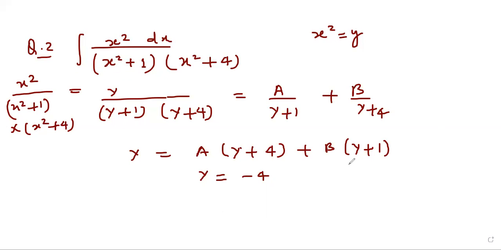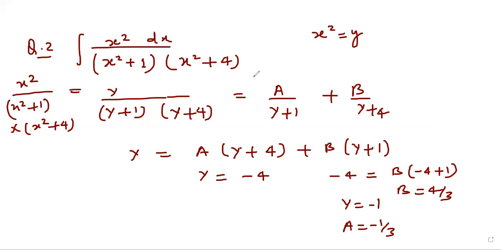In that case, b will be 4 by 3, because we write here minus 4 equal to b times (minus 4 plus 1). So this will give b equal to 4 by 3. And then we choose y equal to minus 1, and then we will get a equal to minus 1 by 3. So we have got the values of a and b.